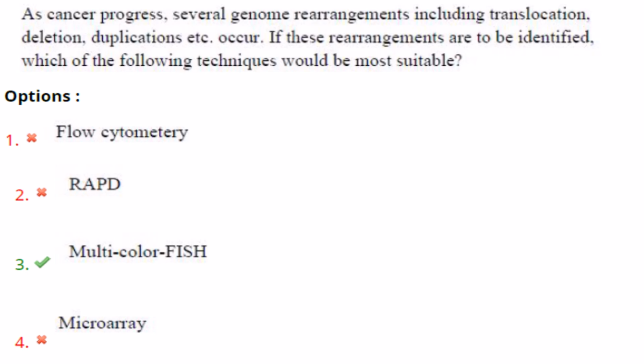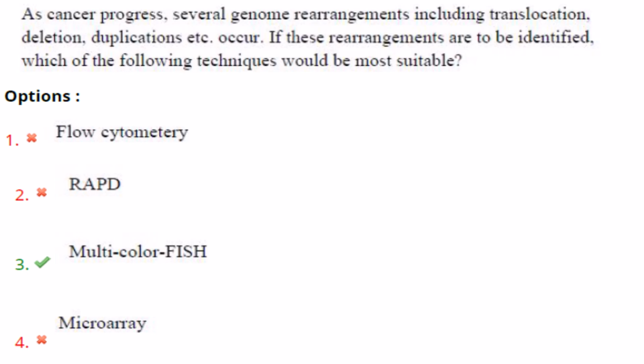Flow cytometry is mainly used for analyzing cell surface markers. That is, in immunology, you have the CD4 plus and CD8 plus markers. All these can be analyzed by flow cytometry. Then RAPD is for detecting genetic variation between two individuals, not for translocation, duplication, deletion or chromosomal rearrangements.